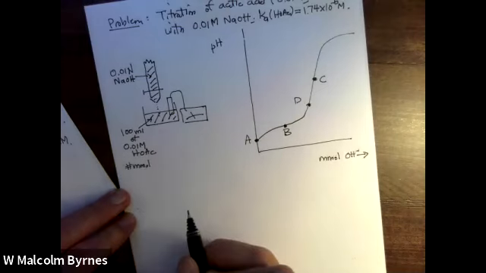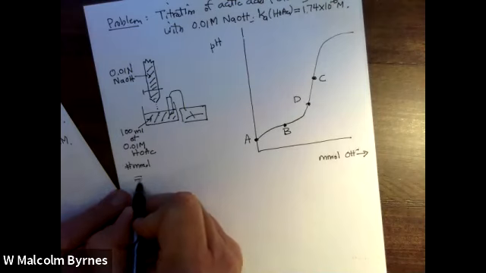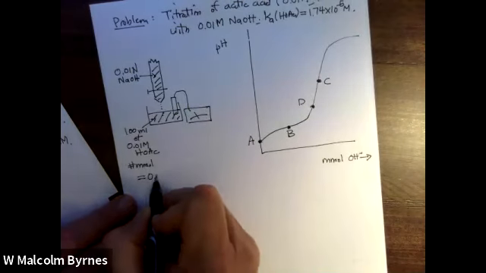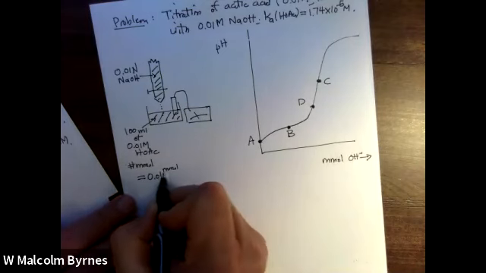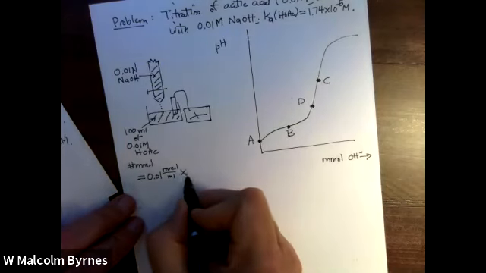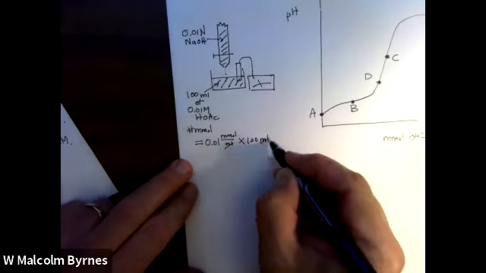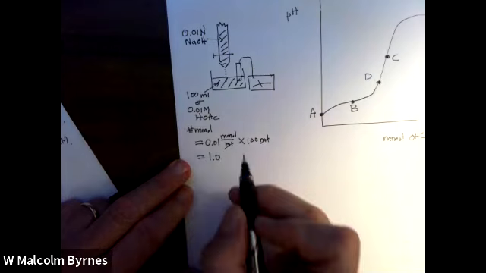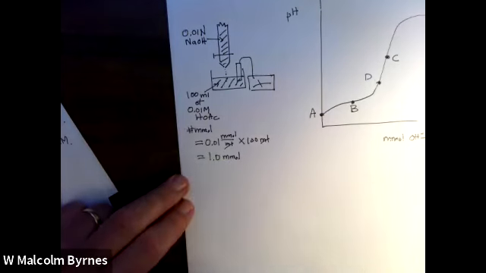So how many millimoles of acid do we have? Well, we have a concentration of 0.01 molar, which is the same as millimoles per milliliter, or moles per liter, times 100 milliliters. The milliliter units cancel, and we end up with 1.0. So we have 1.0 millimoles of acid.